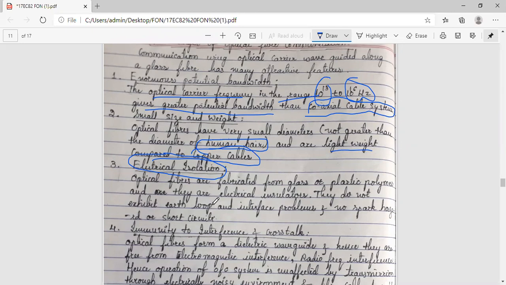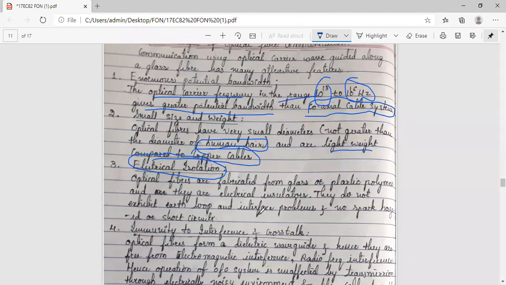You should have some shielding, a protecting, insulating layer covering. For optical fibers, it is of no need, because the glass or plastic they are made of are themselves good insulators.